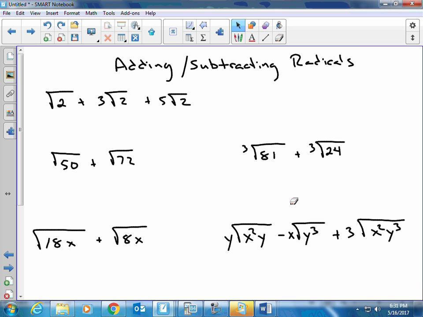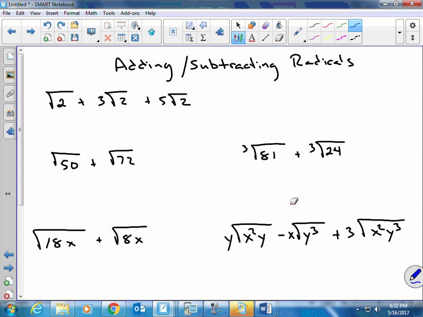Okay? So the problem I have written on the board, square root of 2 plus 3 square root of 2 plus 5 square root of 2, everything inside the radical is the same, so I can add them together. Okay? They have to be like terms. So when I add them together, I simply treat the number outside kind of like a coefficient.